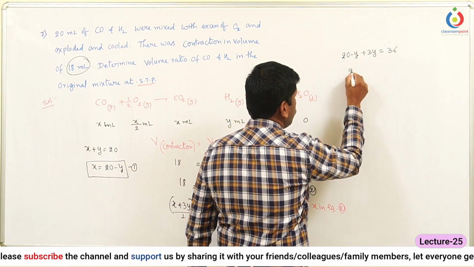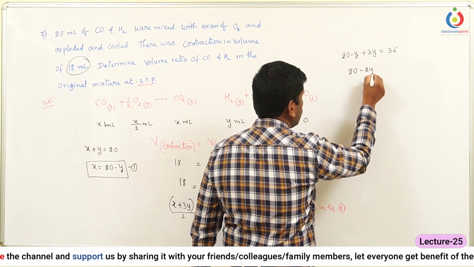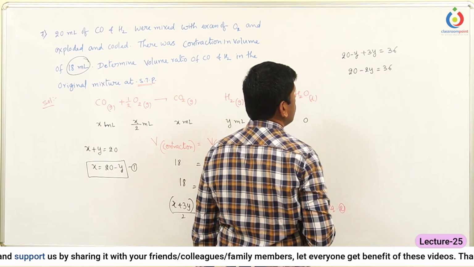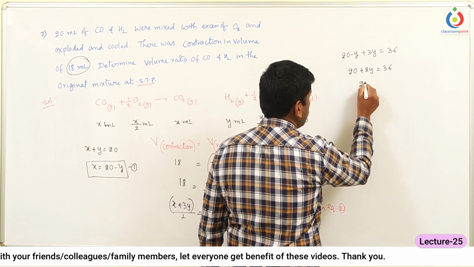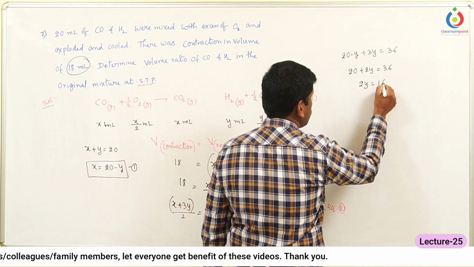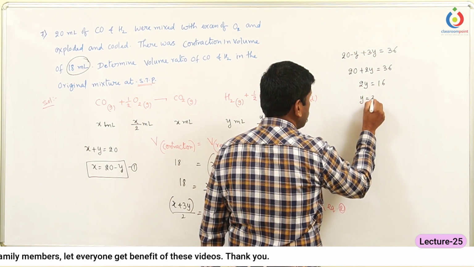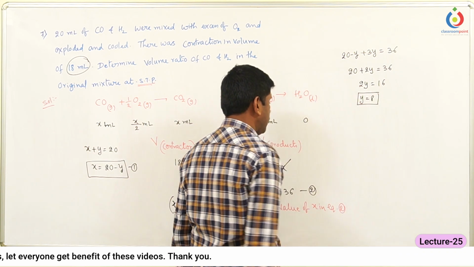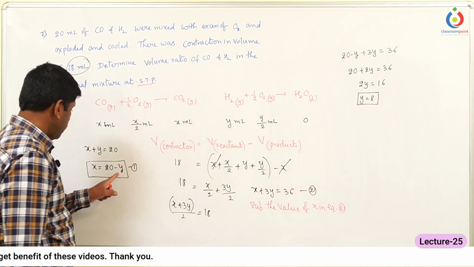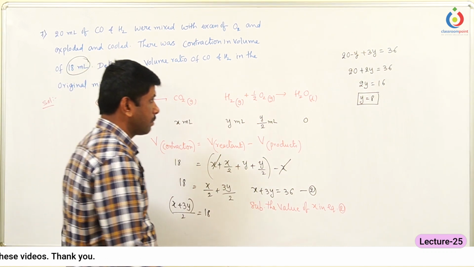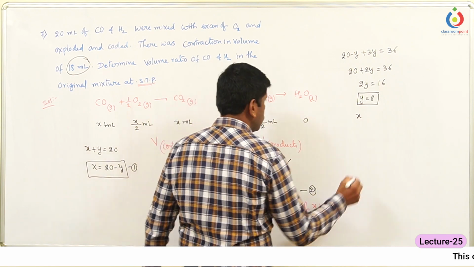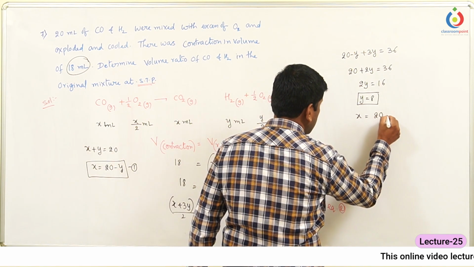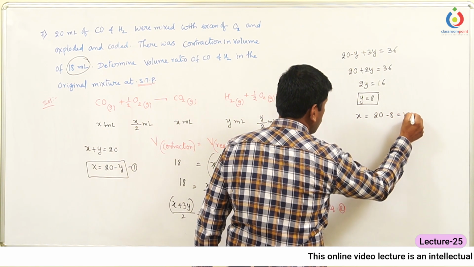This is 20 plus 2Y equals 36. 2Y is equal to 16. Y equals 8. If Y equals 8, then X could be equal to 12. So substitute this Y value in equation 1. So X equals 20 minus 8, which is equal to 12 ml.